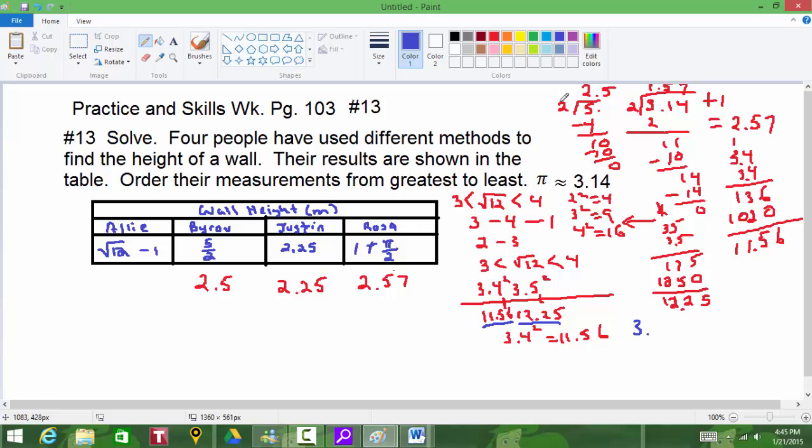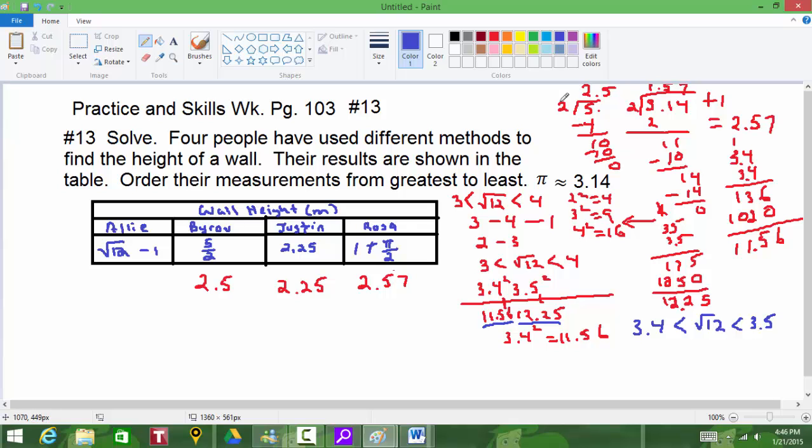So 3.4 is going to be less than the square root of 12, which is less than 3.5. And I think that'll probably help us get to this one.